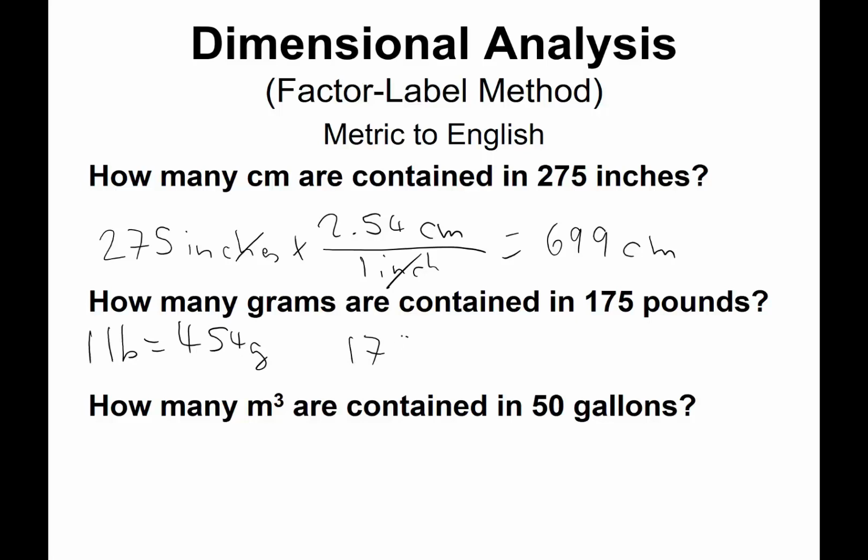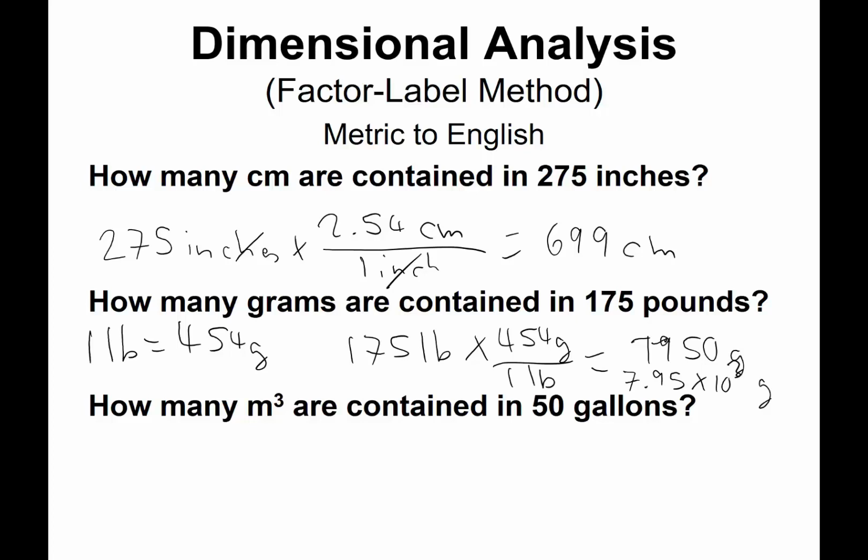So 175 pounds times 454 grams divided by 1 pound equals 7,950 grams, or 7.95 times 10 to the 3 grams. Okay, sorry about that. That's a 10 to the third factor of 1,000. Okay, moving the decimal by 3.